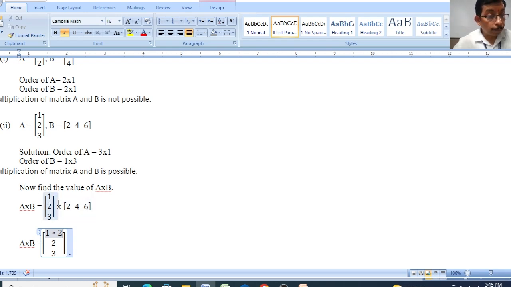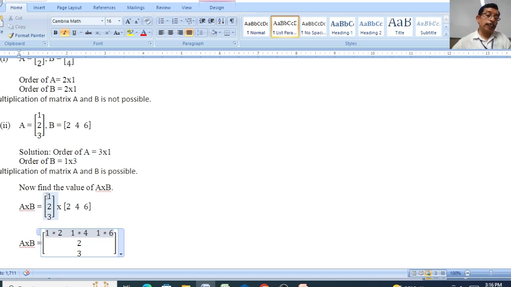Now here are more columns, 1, 2, 3 columns. The first row multiplied by the second column element, only a single element. So 1 is multiplied by 4. Now the first row multiplied by the third column element, 1 multiplied by 6.